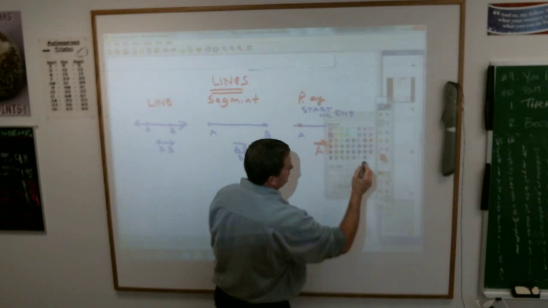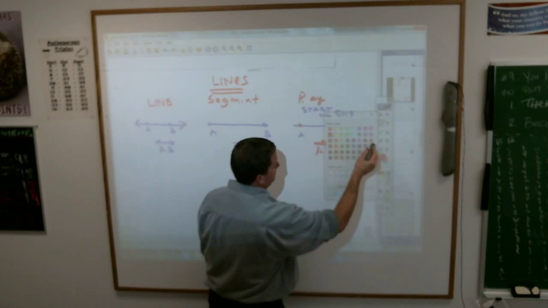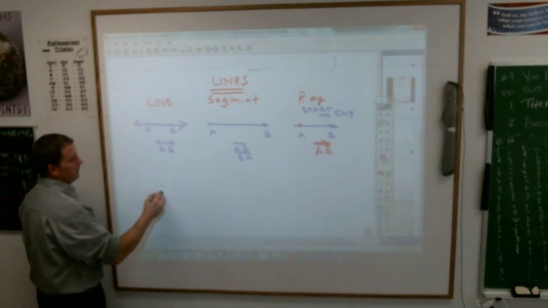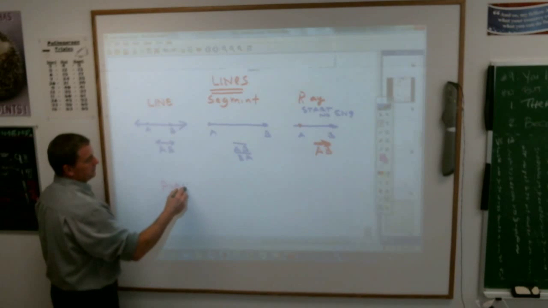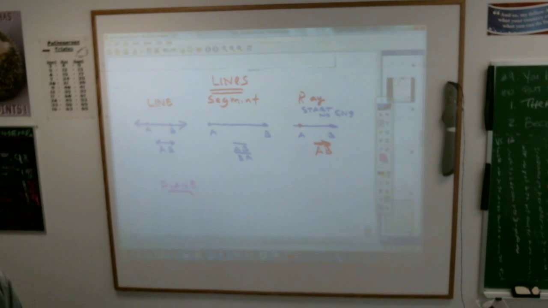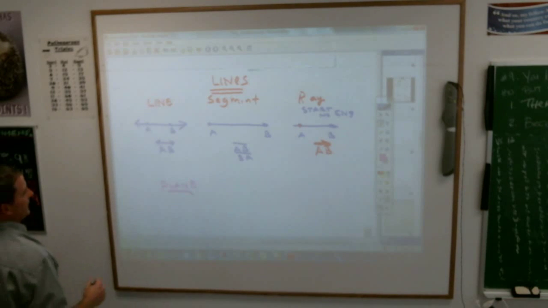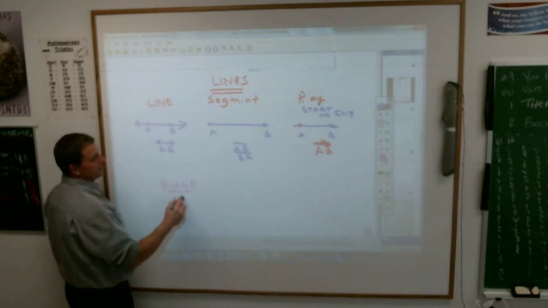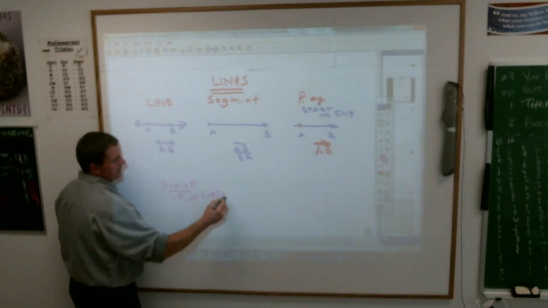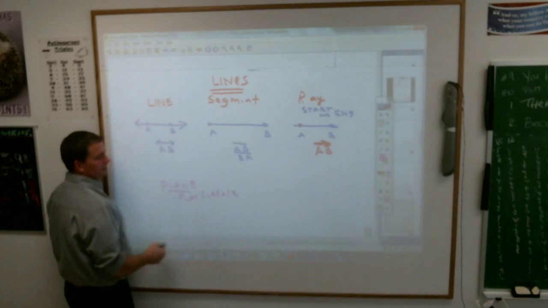A plane, children, ladies and gentlemen. What is a plane? P-L-A-N-E. Anybody? A plane is a flat surface that goes on forever. It's a lot like a line, but it's a flat surface.